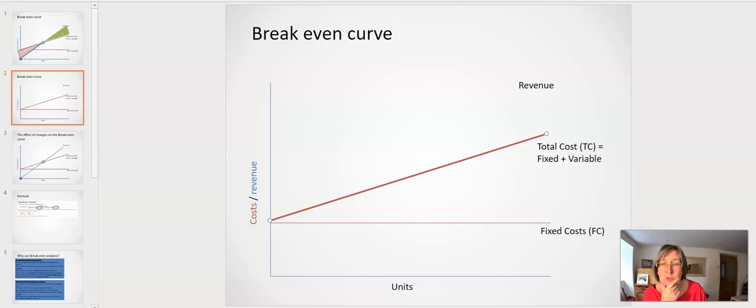If you produce one or no units, you would still have to pay the fixed costs overall, but no variable costs, through to if you produced 100,000, you pay the fixed plus variable, i.e. the total cost. That's why that line rests slightly higher.